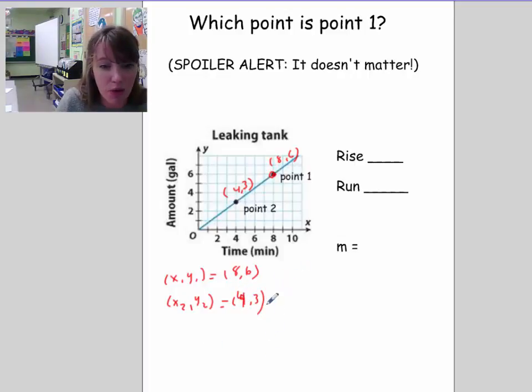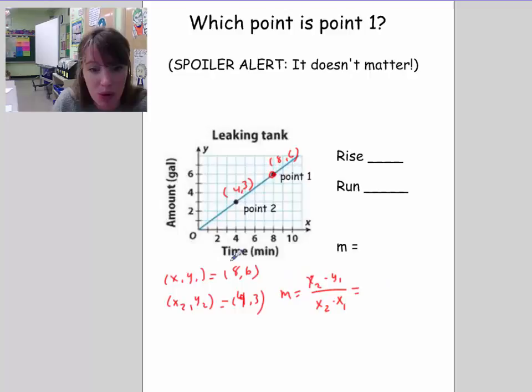So the formula is m is equal to y sub 2 minus y sub 1 over x sub 2 minus x sub 1, which is going to be equal to, okay, y sub 2 is going to be the y coordinate here. Let me use a different color.